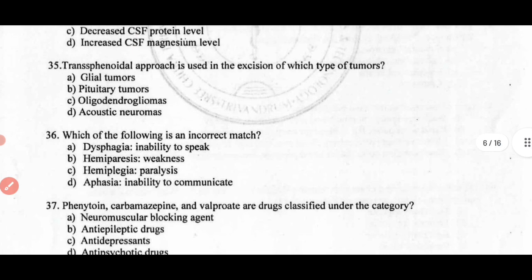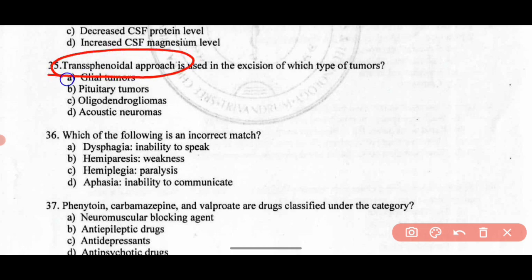Question number 35. Transsphenoidal approach is used in the excision of which of the following tumors? Transsphenoidal: they make an incision in the sphenoid region and reach the pituitary. Usually transsphenoidal surgery is done for pituitary tumors, for hypophysectomy, removal of the pituitary gland or the tumor in the pituitary gland.